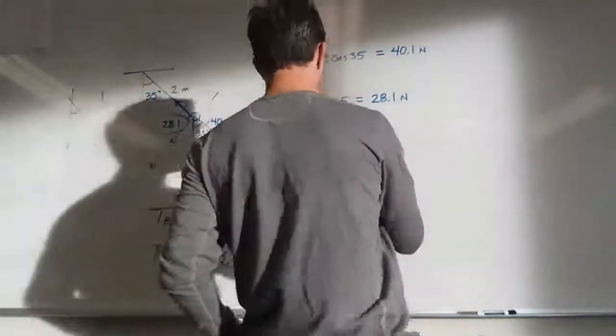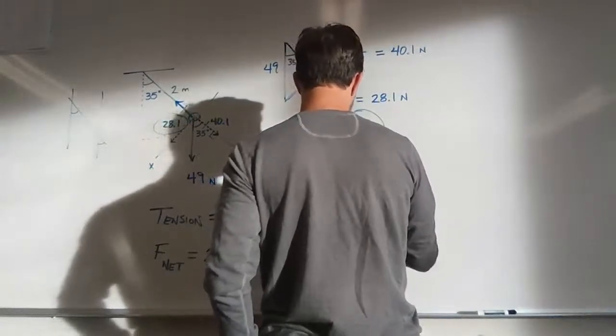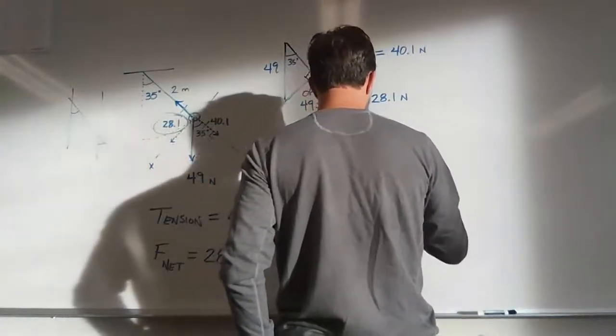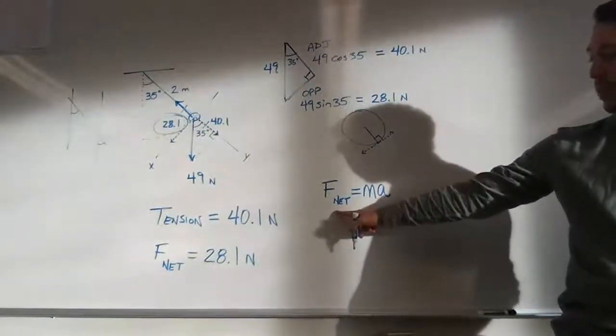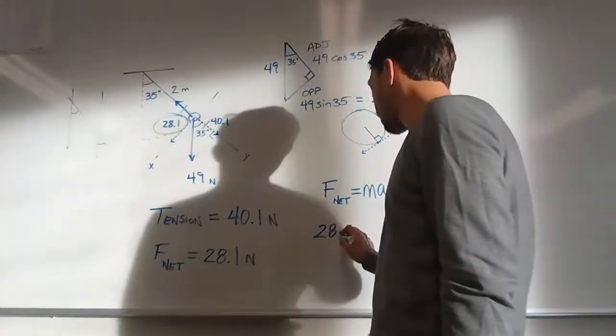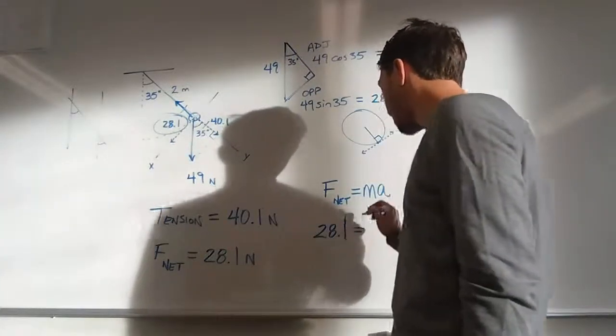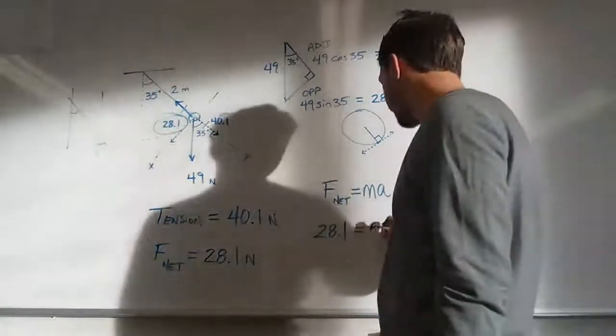So let's look at the acceleration. F net equals ma. What's the net force? Very good, 21. The mass, they told us this, I think, right? 5.